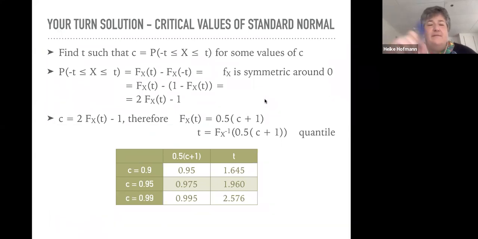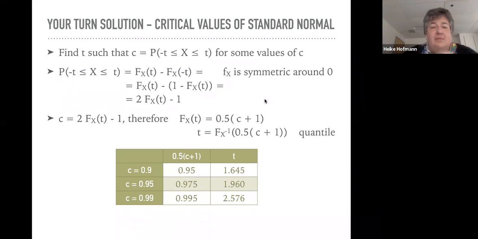So we want to find t's such that the probability that x is between plus and minus t is exactly c. We've got values for c of 90, 95, 99. We'll get to that, but let's just solve it in general.